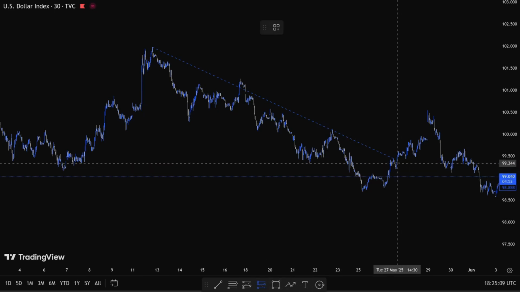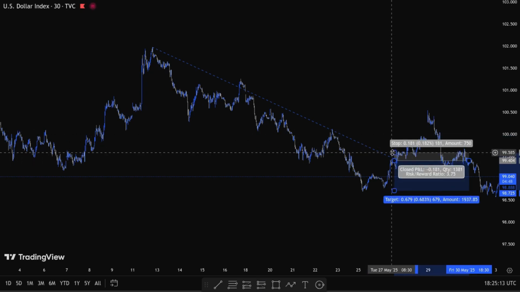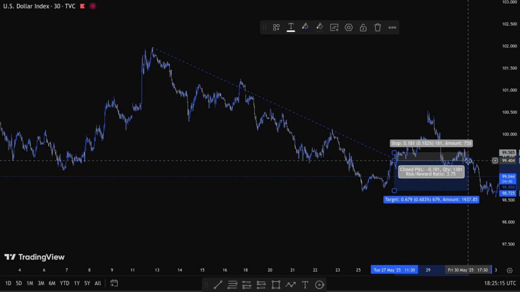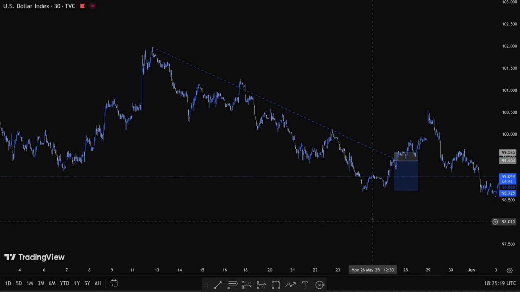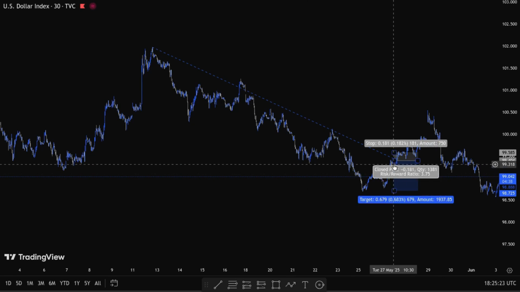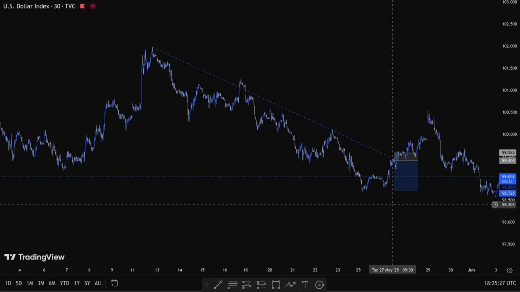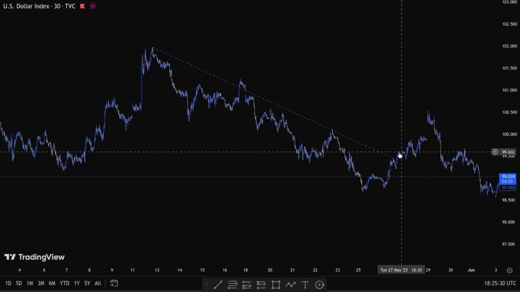You can see how price smashed them. The market gave them false hope that it's going in their direction, but then it just came and swept all of them, because they didn't mark the trend line correctly.